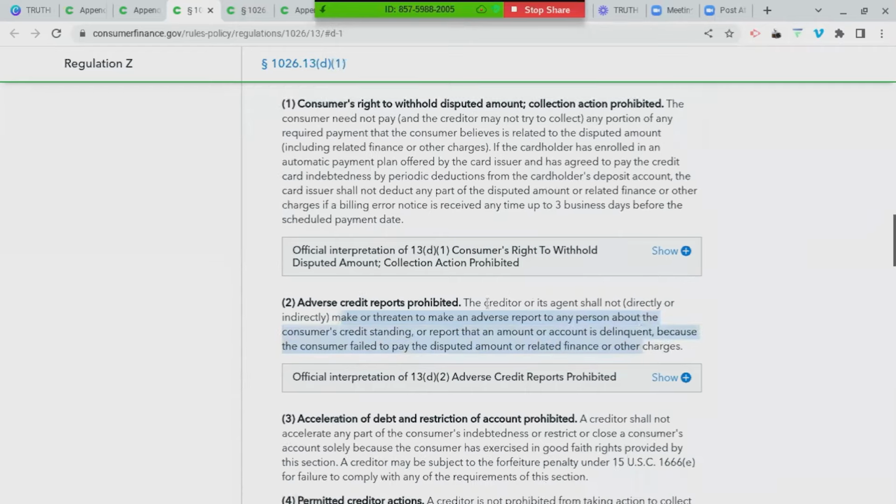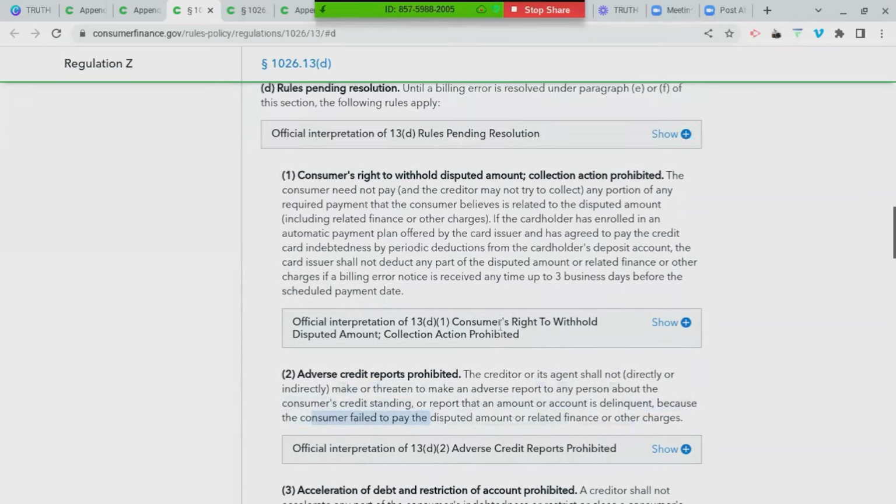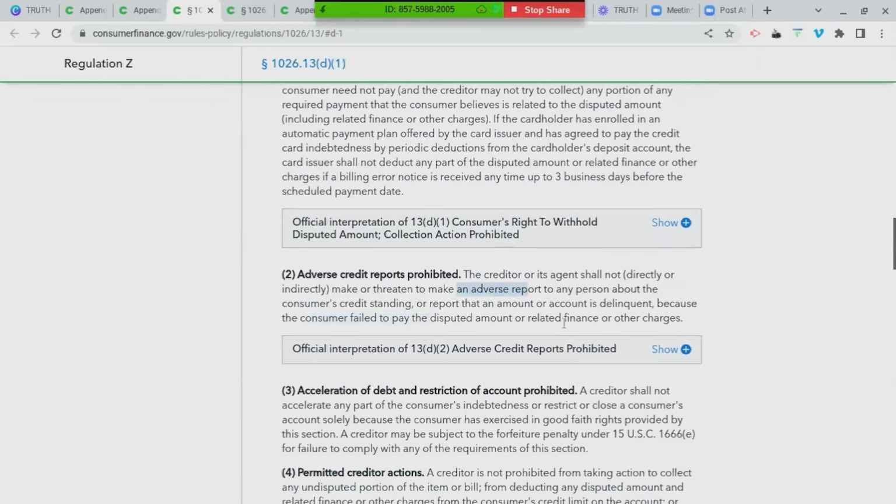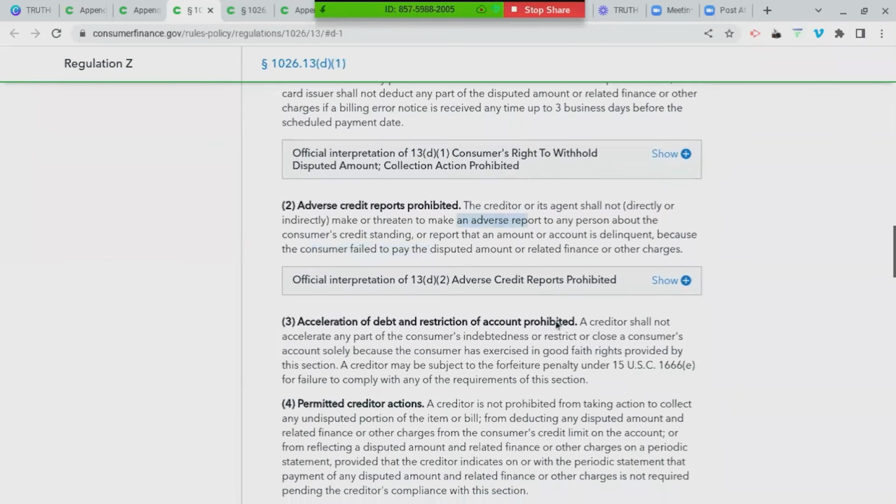So the creditor is not supposed to report to the credit bureaus that you are delinquent because you failed to pay, because you had a dispute about your billing, so you wanted to have a billing error resolved. So because you want to have a billing error resolved does not give them the right to go ahead and make any adverse reporting to the credit bureaus, is essentially what that is saying to you, right?